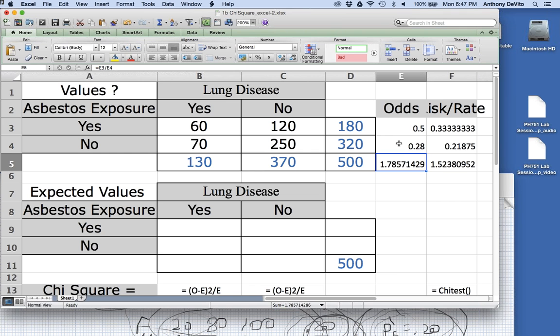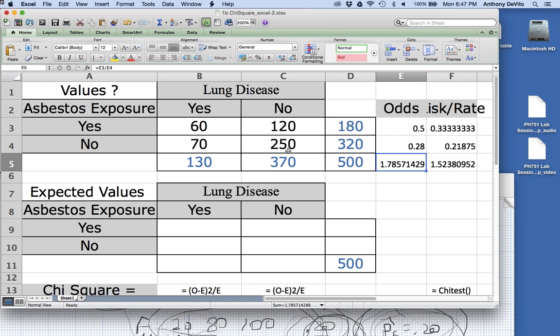And our alternative hypothesis is that there is an association. So what would the odds ratio be in that case? Greater or less? It could be different. Maybe asbestos is protective. If you didn't know anything about asbestos, it could very well be protective. So whatever it is, it's not 1.